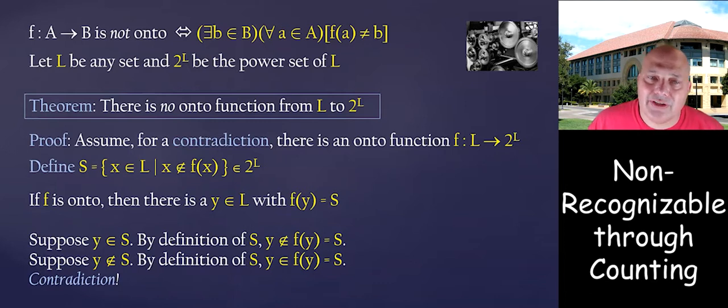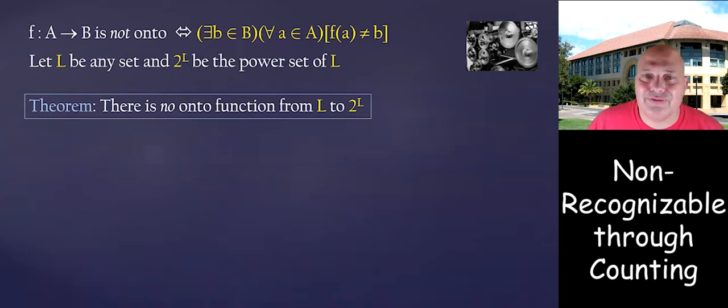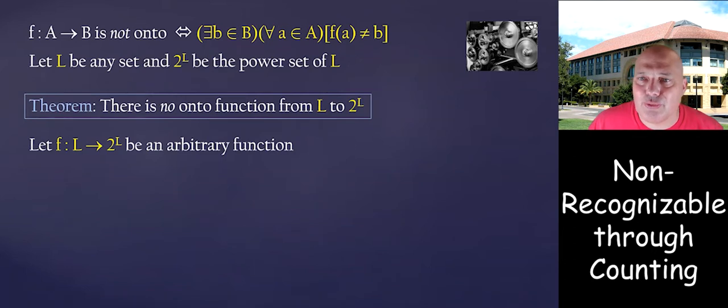I'll give you another proof, which is not by contradiction, kind of a direct proof, and you can choose which one of them you like. It's the same proof, just phrased a little bit differently. Let f be any function from L to 2 to the L, and we want to prove that f is not onto.